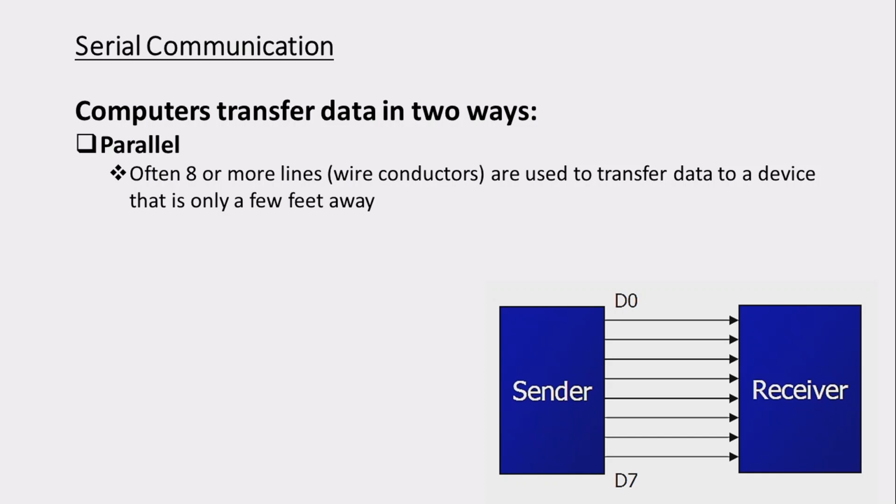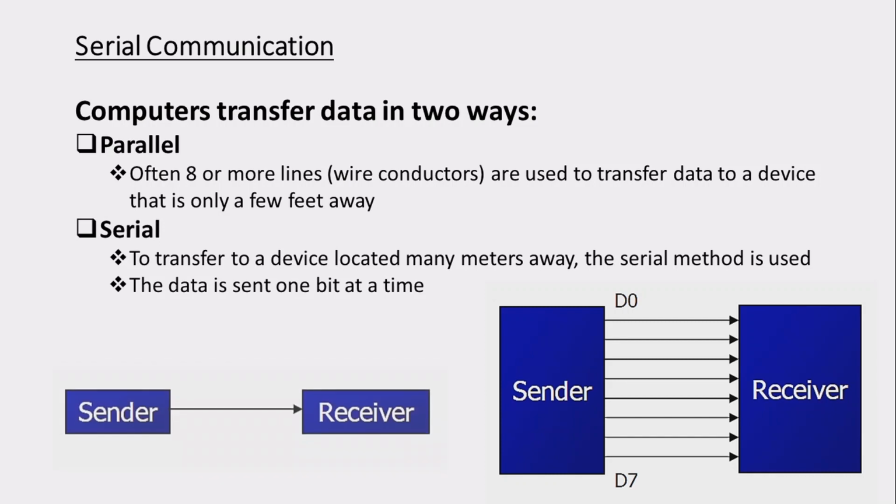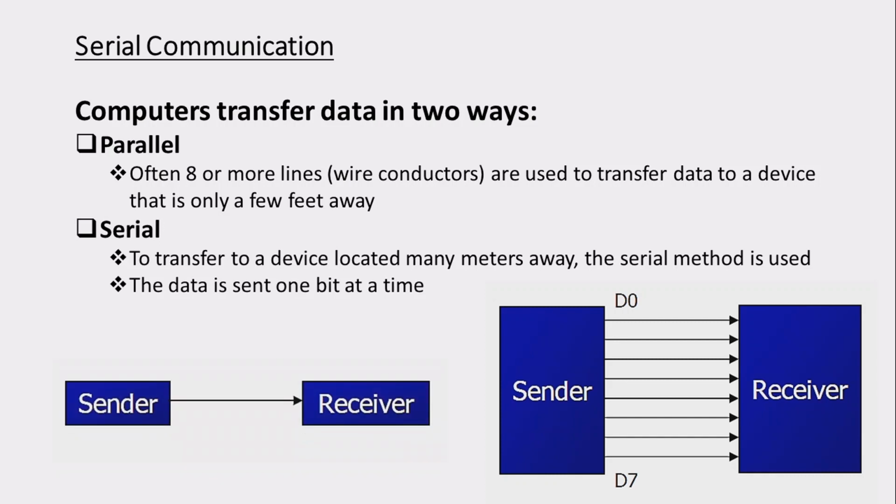The other type of communication we have is serial communication. So here we are going to send the data from sender to receiver bit by bit. At a time I can send only one bit of data from sender to receiver.